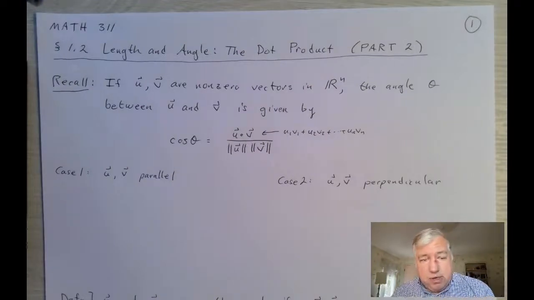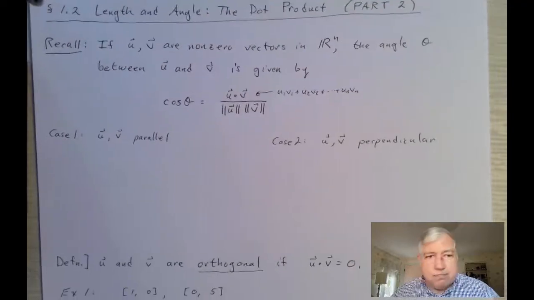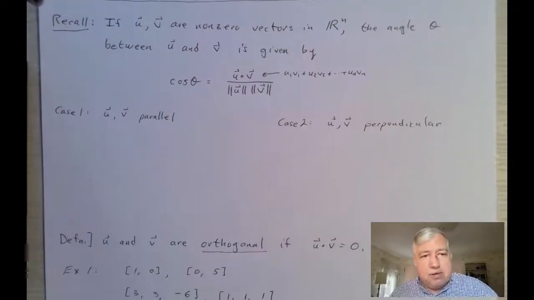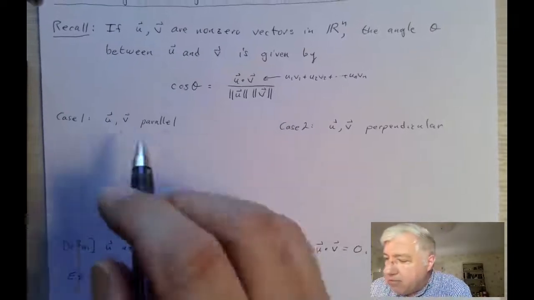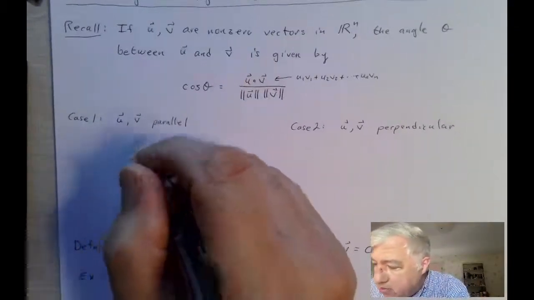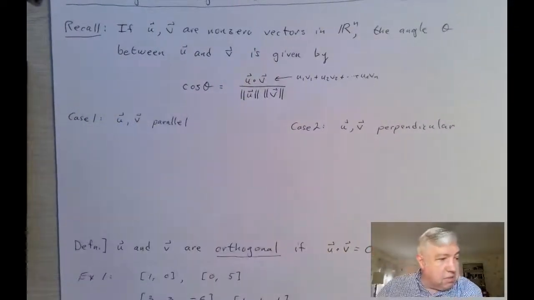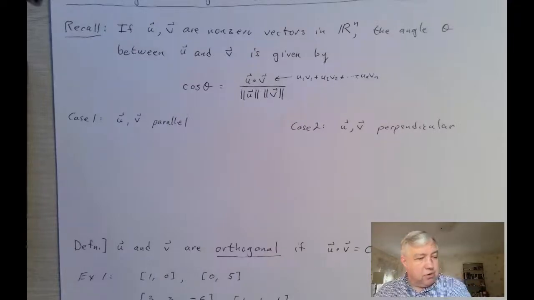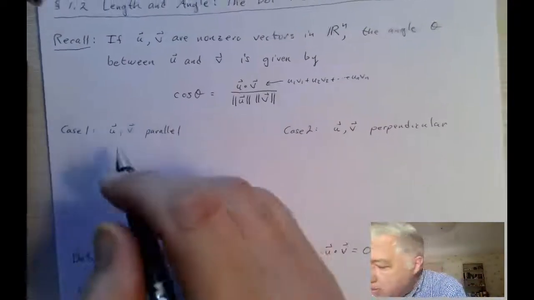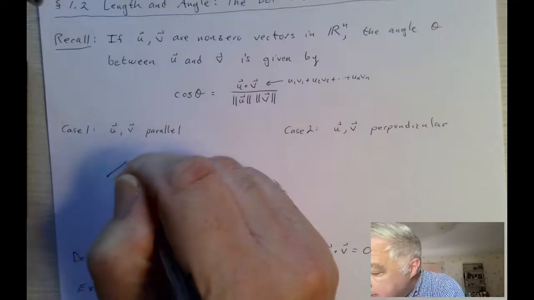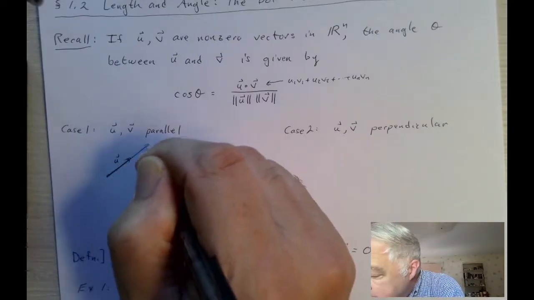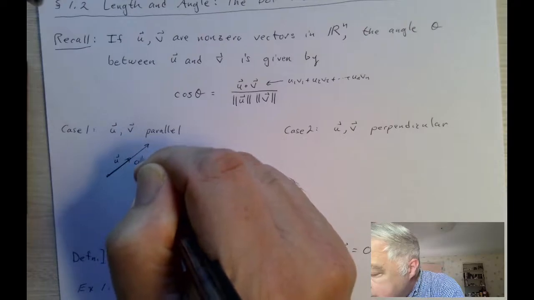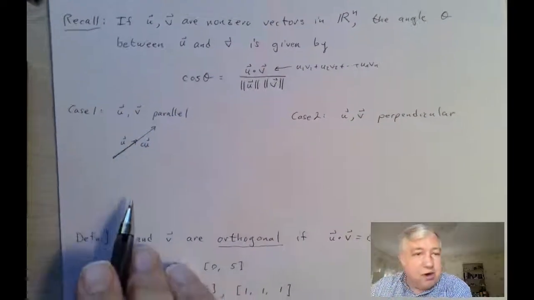We came up with this formula and just wanted to make sure that it is valid in the simple, obvious cases, when 2 vectors are parallel. That means one is a multiple of the other, right? So here's u and here's cu, where this is our v.